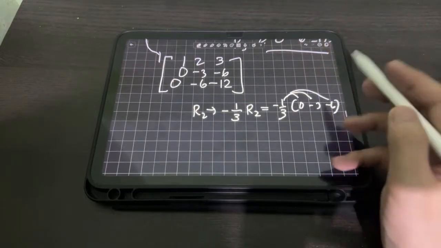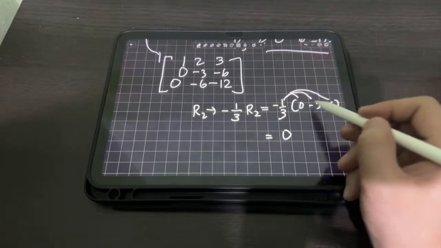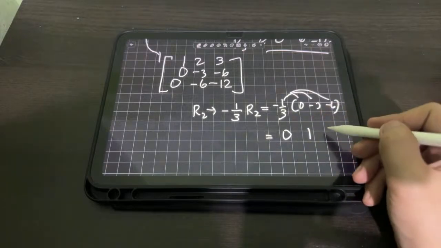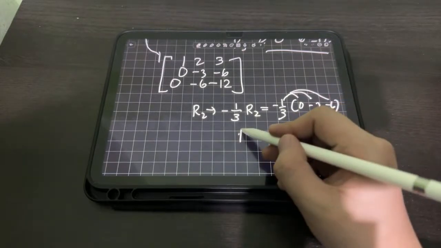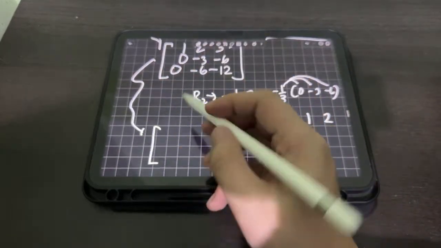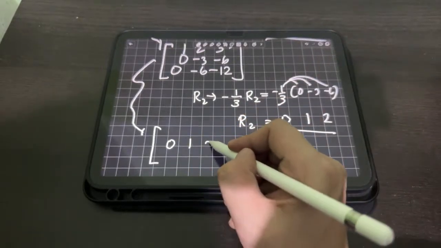So multiply each term by negative 1/3. Negative 1/3 times 0 is 0. Negative 1/3 times negative 3, positive 1. Negative 1/3 times negative 6, positive 2. So this will be the new entries in row 2. So we will have the new entries in row 2: 0, 1, 2.